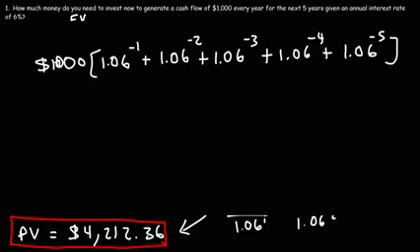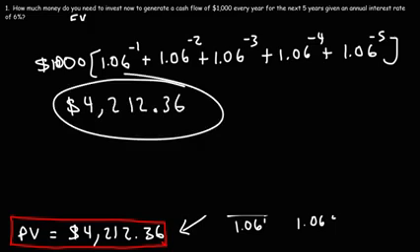This will give you the same answer. You'll get the same thing, $4,212.36. So now you have three different ways in which you can calculate the present value of an annuity.